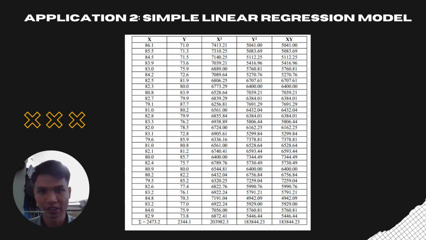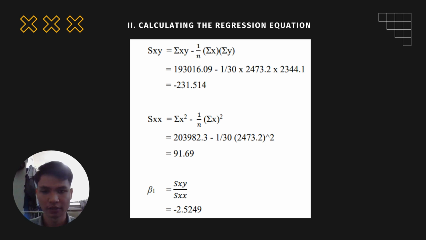The second application is by using the simple linear regression model. The first method is calculating the x squared, xy, and x times y values. After the values were calculated, then the value of Sxy is calculated by using the formula: sum of x times y minus 1 over n multiplied by sum of x multiplied by sum of y.